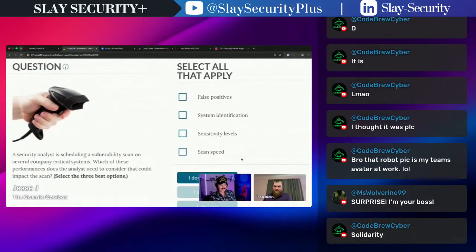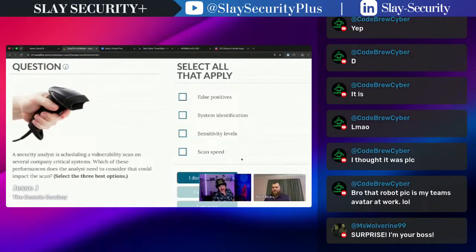A security analyst is scheduling a vulnerability scan on several company critical systems. Which of these considerations does the analyst need to account for that could impact the scan? A, false positives. Choose 3. False positives, system identification, sensitivity levels, and scan speed. I'm going with A, B, and C. A, B, and C?